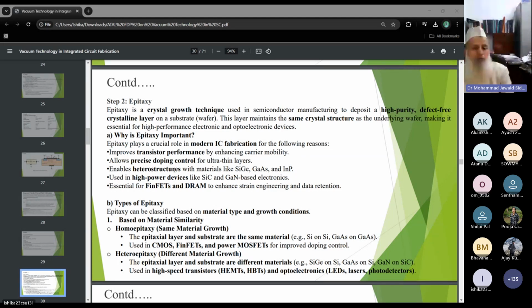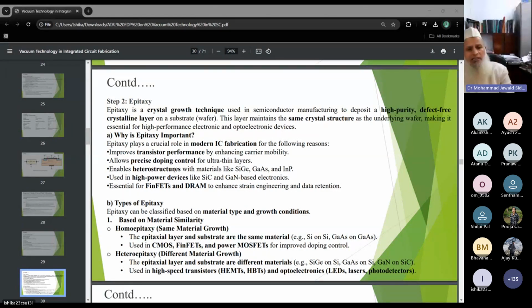So that is why generally on a low conductivity substrate, a high quality epitaxial layer is grown, and in that epitaxial layer we may fabricate a good quality BJT. So the epitaxial layer is grown with the help of epitaxy.